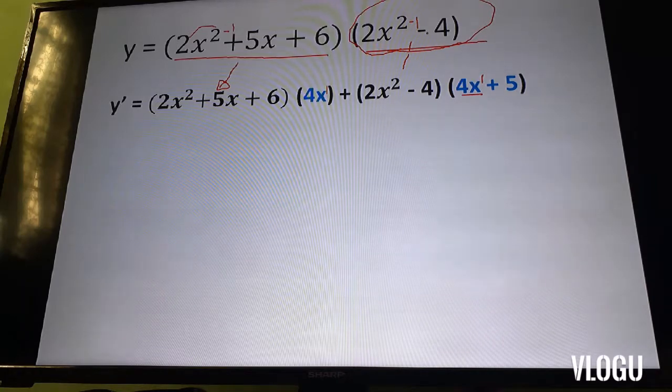Then we have the derivative of 5x, which is always equal to 5. Since we have here 1, if we multiply this, this will become 5. Then if we subtract 1, this will become x raised to 0. And any number or variable raised to 0 is always equal to 1.